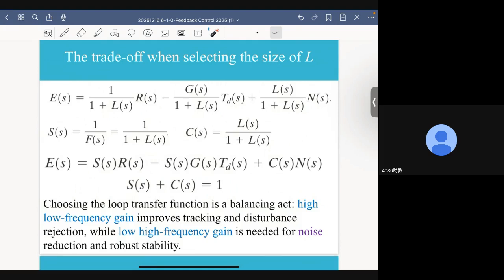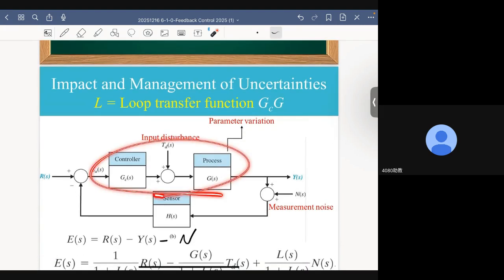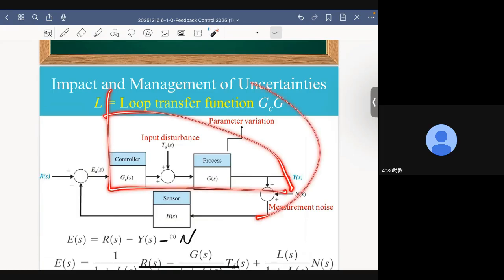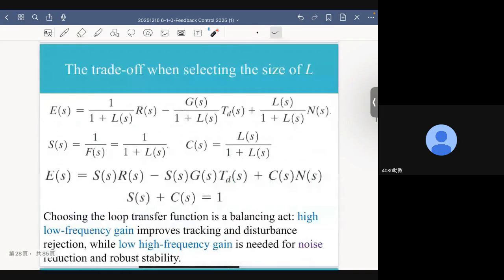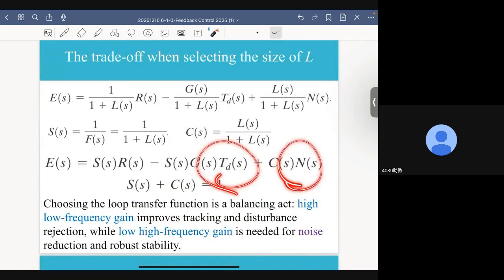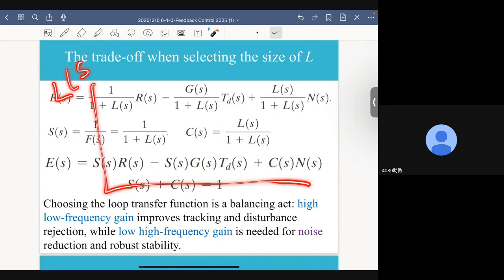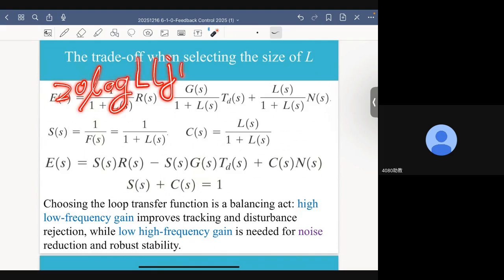So in reality, you can think of the loop transfer function as another subsystem. Since you can treat it as a subsystem, of course, such a subsystem has its own frequency response. Now, in dealing with these two terms, the magnitude plot of my L can look like this.